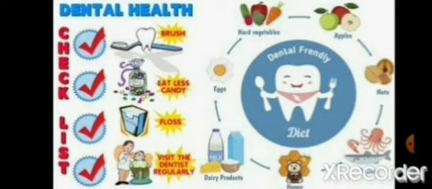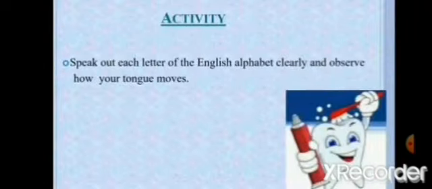Children, at last I would like to tell you that our tongue and teeth are very important for us. We must keep them in good condition to enjoy our life. Now there is an activity for you, and this is a very interesting activity.